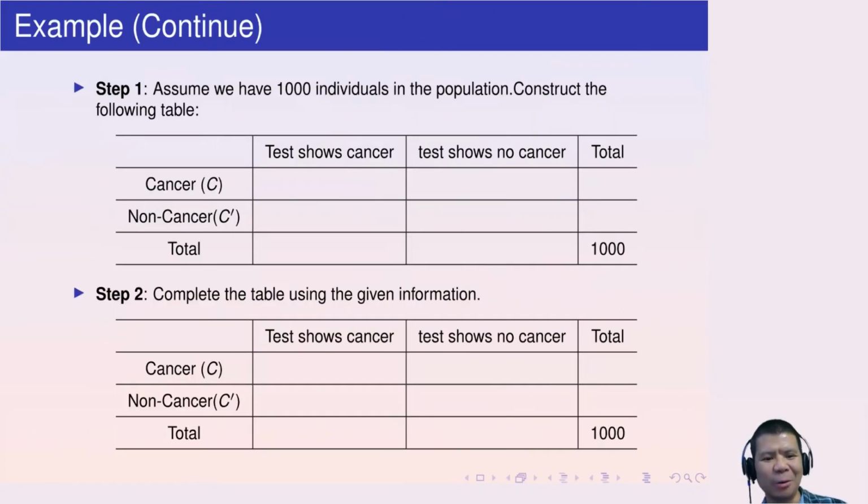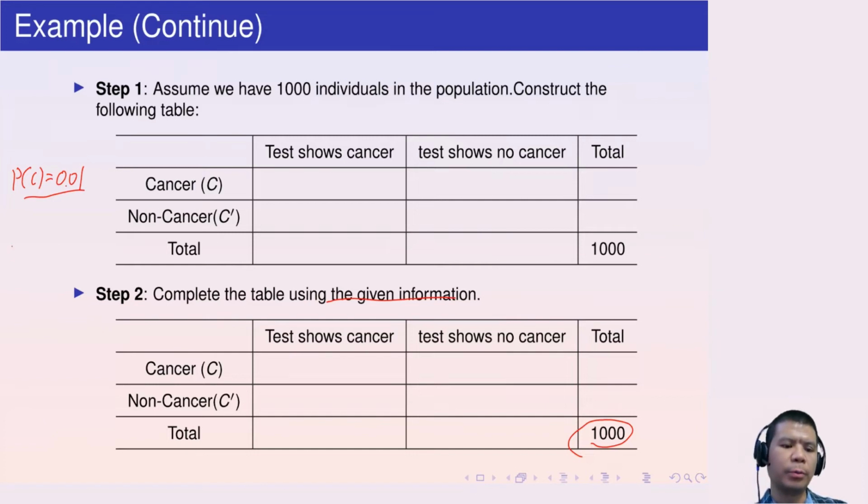Now, let's see how we can find this probability. So again, we assume there are 1,000 individuals in the population and construct this table, right? And then we're going to complete the table using the given information. Now, the prior probability of C is 0.01, right? So if this is 1,000, how many of them will have cancer?